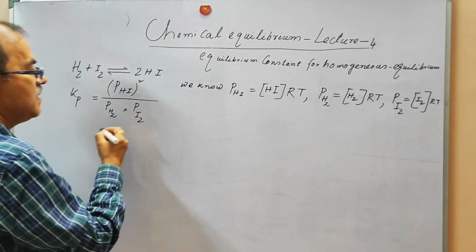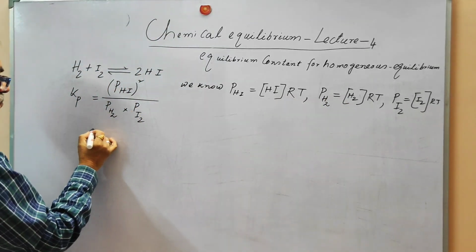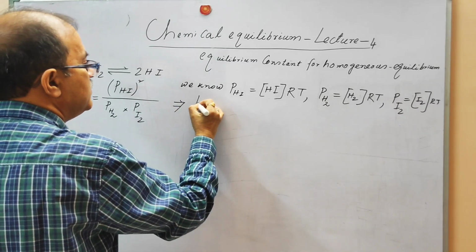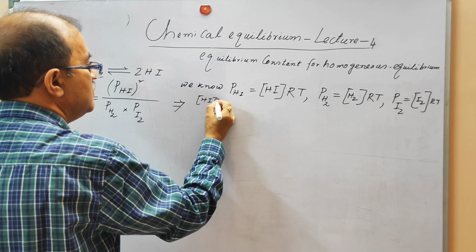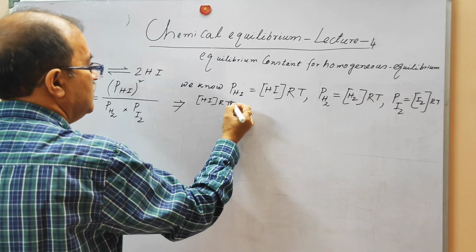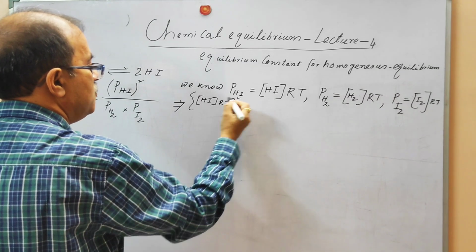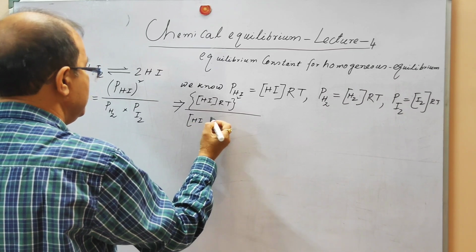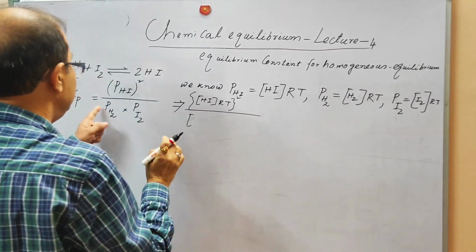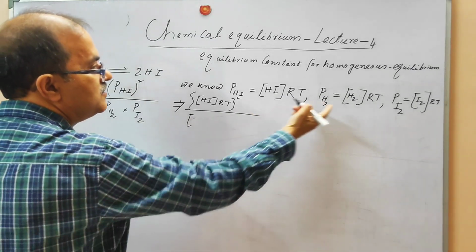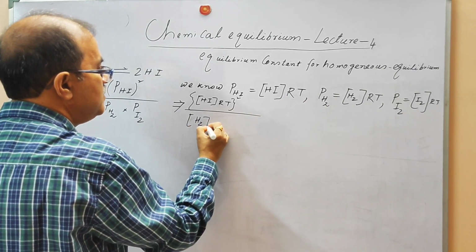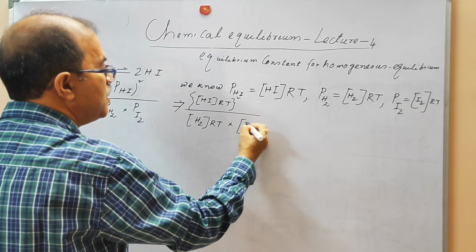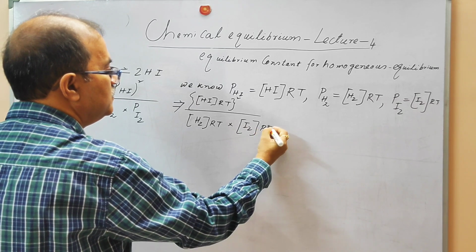What will we do? We will put these values here. So what do we get? We get the concentration of HI into RT, its square, divided by the partial pressure of hydrogen gas, which is the concentration of hydrogen into RT, into the concentration of iodine into RT.